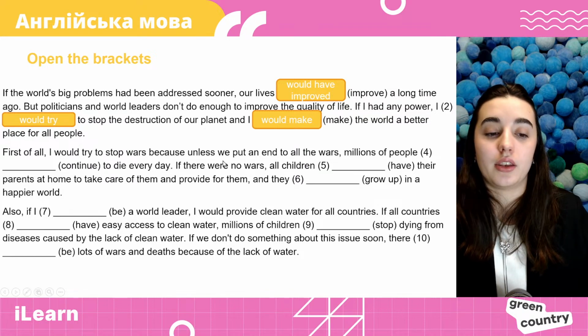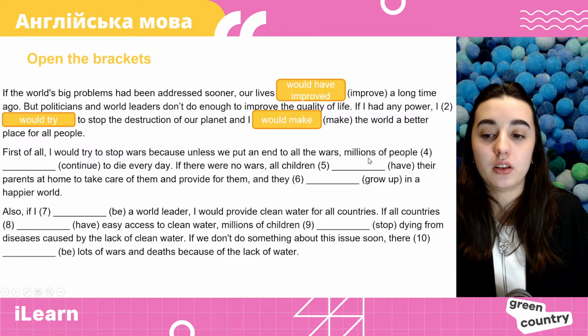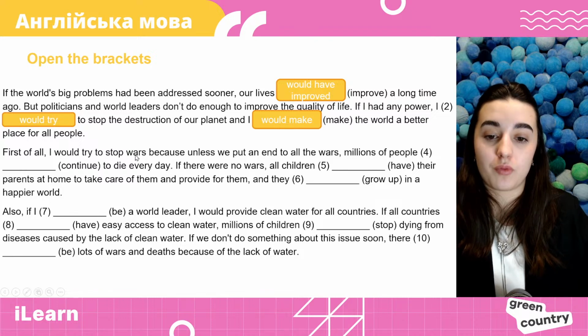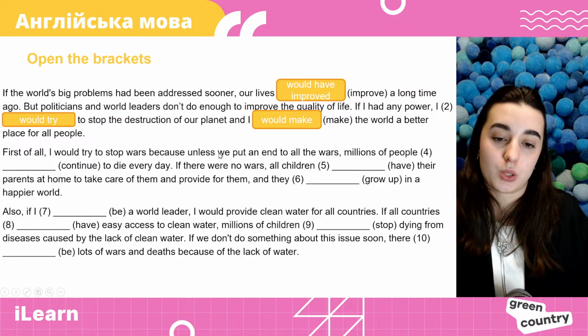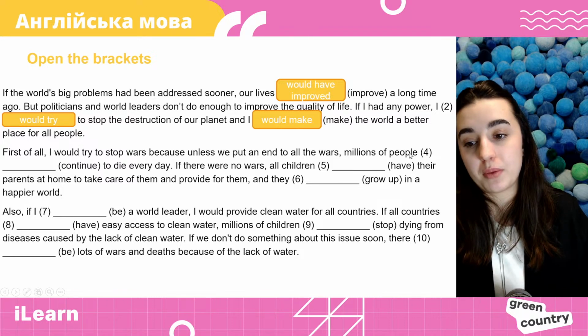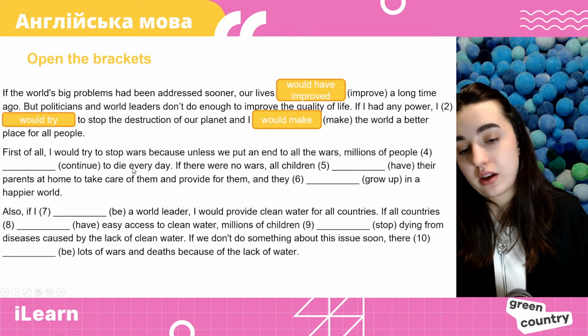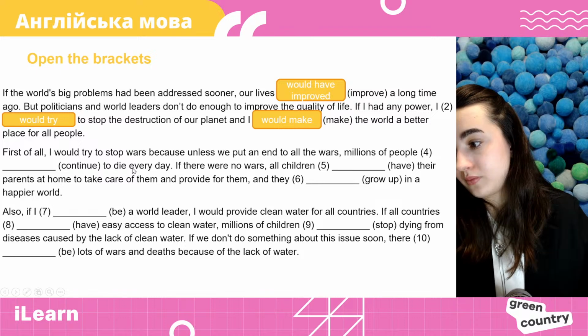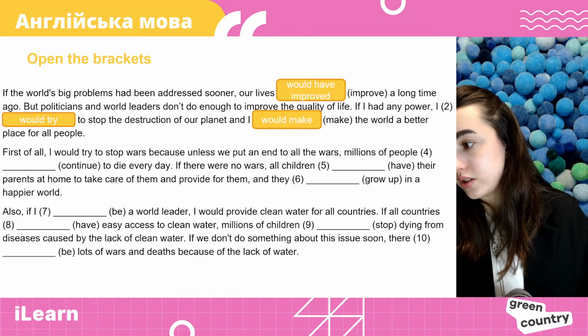Okay. Number 4. Millions. I would try to stop wars because unless we put an end to all of the wars, millions of people continue to die every day. Yes, Karina, Ira, that's true.